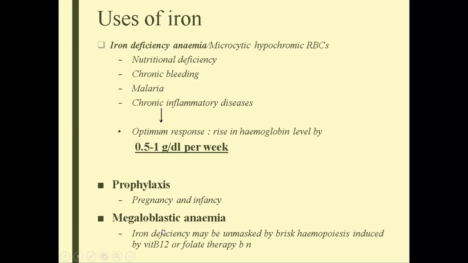For prophylaxis: pregnancy and infancy, and also lastly in megaloblastic anemia. Why in megaloblastic anemia, right? Like what we discussed earlier regarding erythropoietin, iron deficiency may be unmasked by brisk hemopoiesis induced by vitamin B12 or folate therapy.